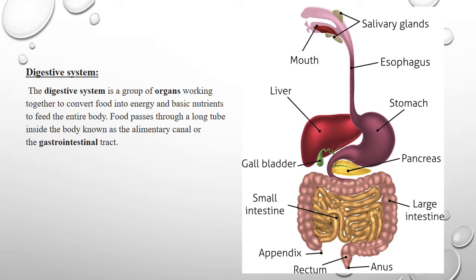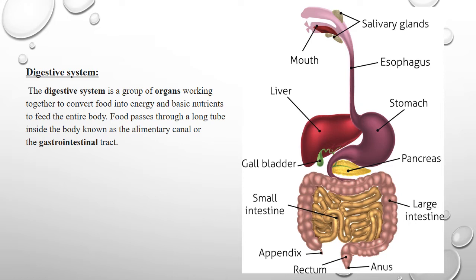After the stomach, food enters the small intestine, and in the small intestine major digestion occurs. The small intestine secretes secretions, and also the secretions from the liver and pancreas mix with those secretions.